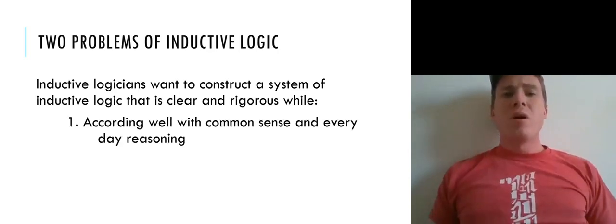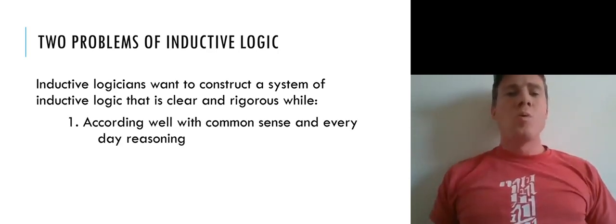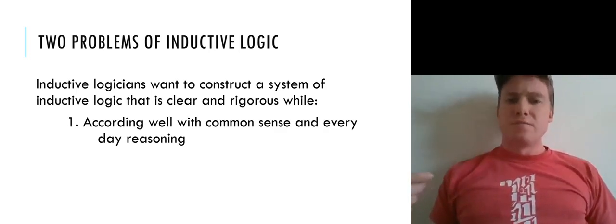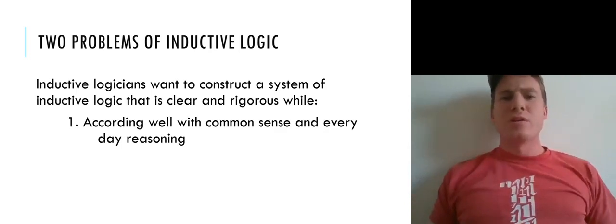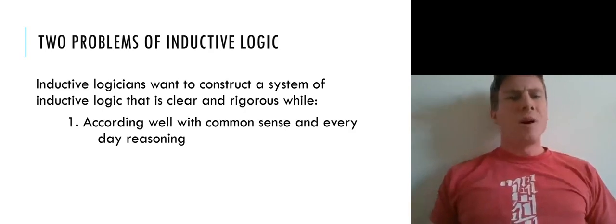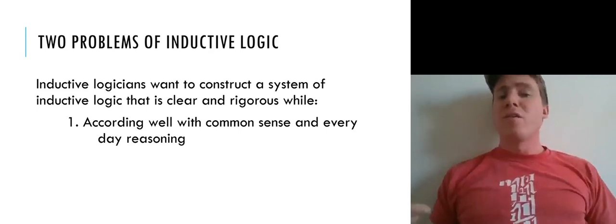First of all, we want our inductive logic to accord well with common sense and everyday reasoning. So, in those examples we gave in the previous video, we want the argument that 95% of Pittsburghers are Steelers fans, Jane is a Pittsburgher, therefore Jane is a Steelers fan, to come out as a better argument, according to our system of inductive logic, than an argument like: more than 50% of Pittsburghers are Steelers fans, Jane is a Pittsburgher, therefore Jane is a Steelers fan.